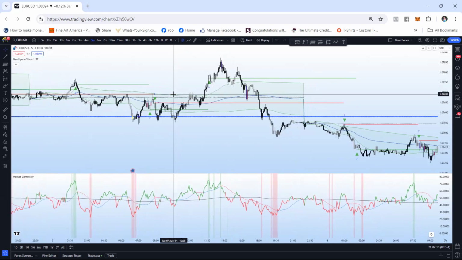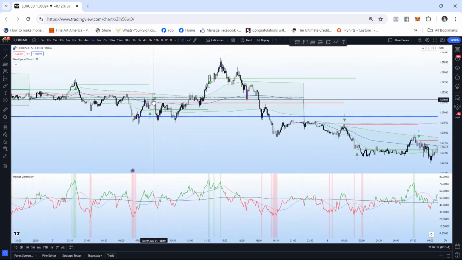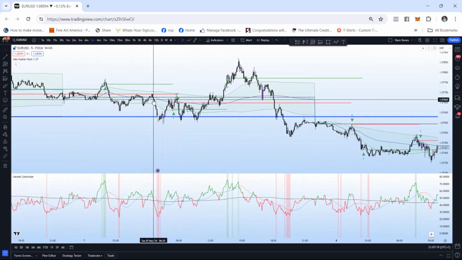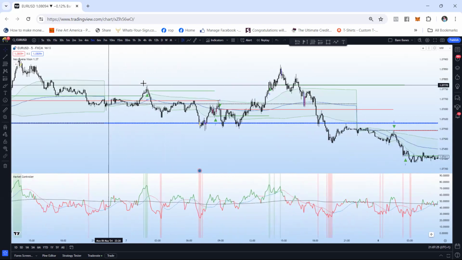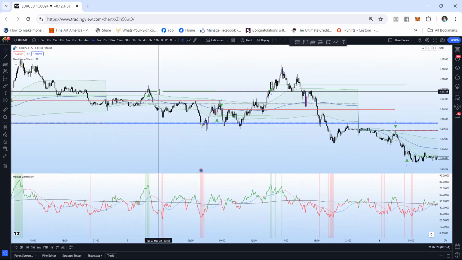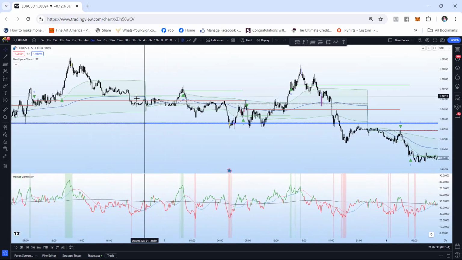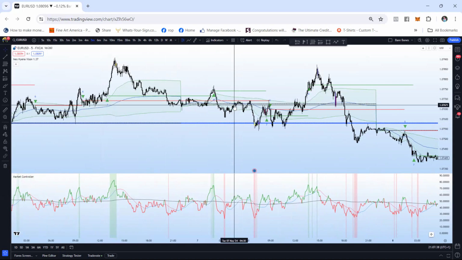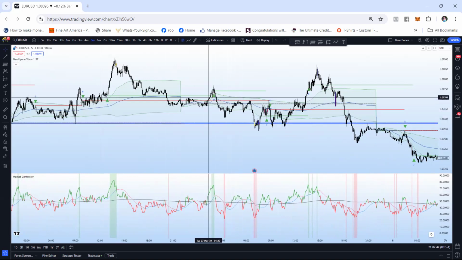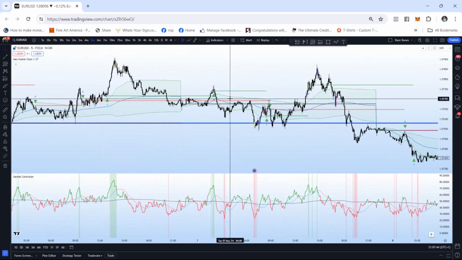Does that make sense? Okay. So for the ones that are watching after you, I'm going to repeat that one more time so you make sure. Don't just use these absorption lines by themselves. You want to wait until the absorption line is coinciding with an algorithmic level, like the VWAP, like the daily algorithmic level, like the weekly algorithmic level, like the monthly or the daily extremes.